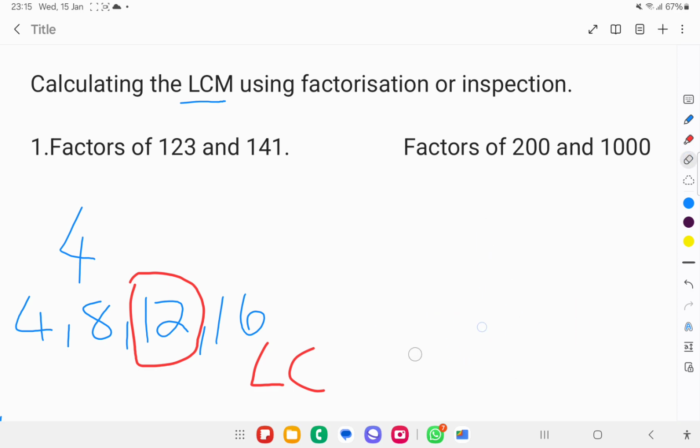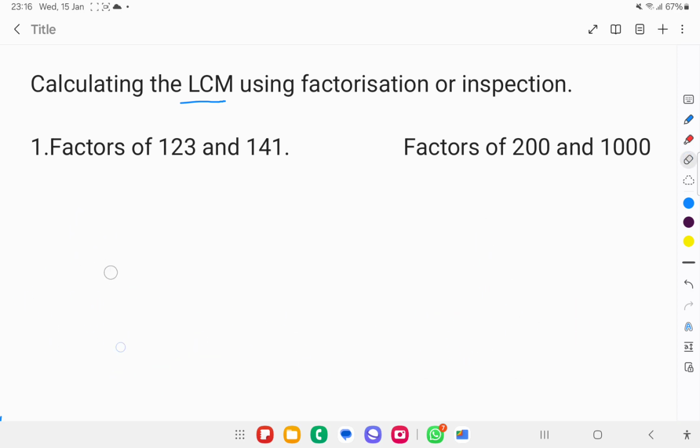Now, going into the question, it says, what are the factors of 123 and 141? So basically, we are looking for the lowest common multiple using factorization or inspection by using the factors of 123 and 141.